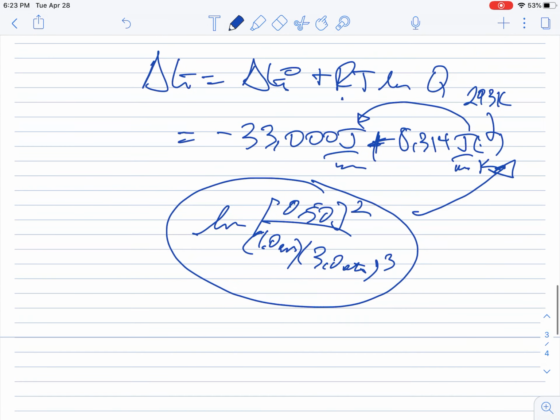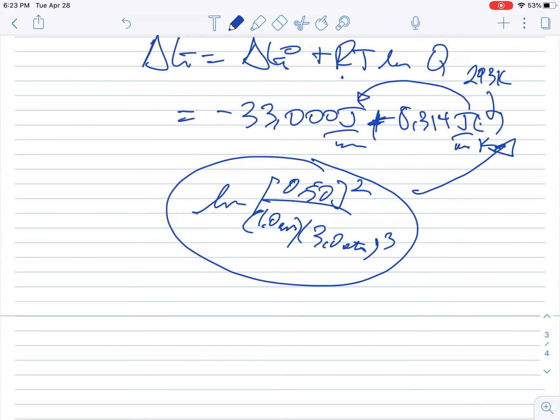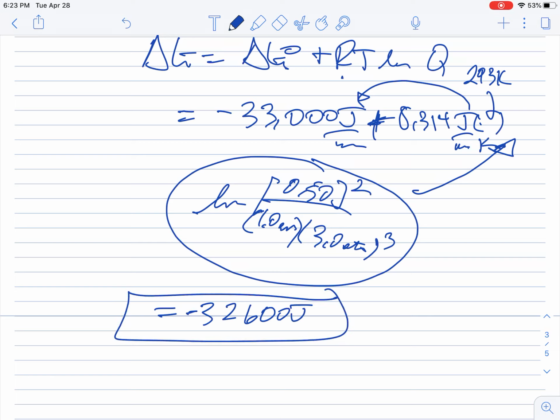If you do this, I remember you get something like negative 3,206 joules, about that. Here's the main point: you're going to get a negative value.